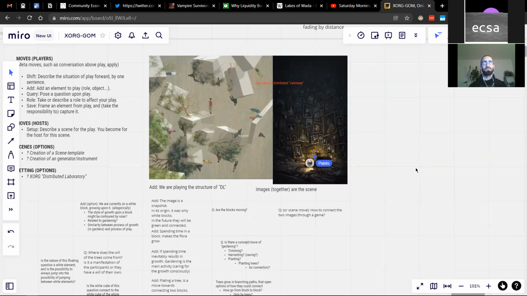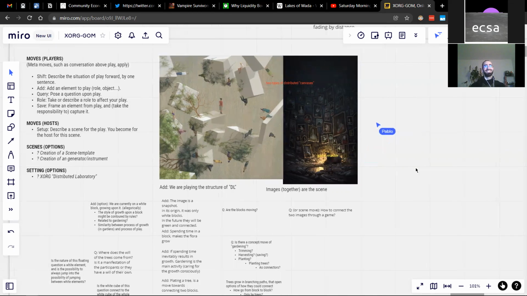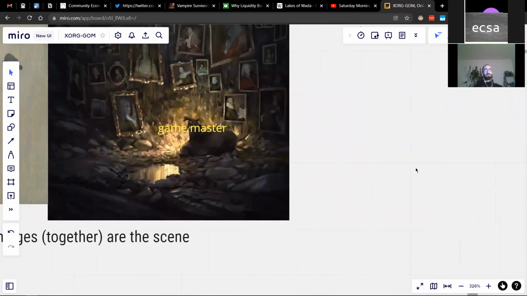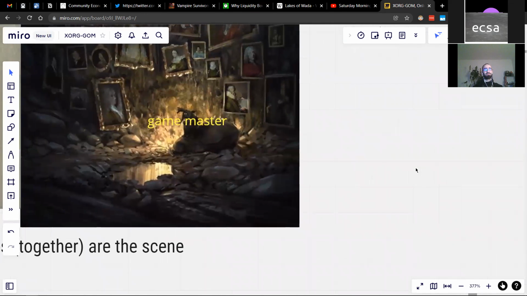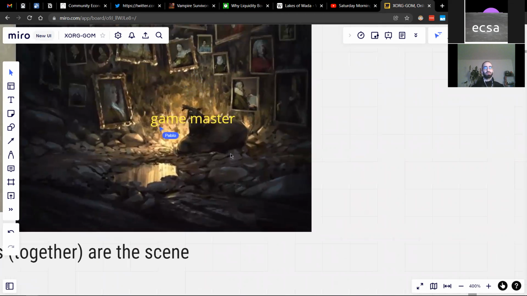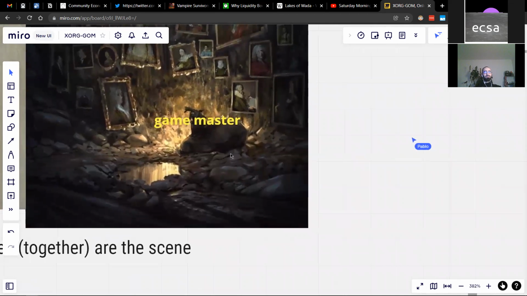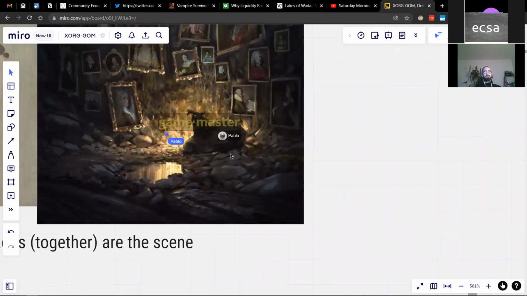Ah, interesting one. Let me zoom in. It's a figure sitting huddled, and it has these two yellow eyes and a weird headgear.